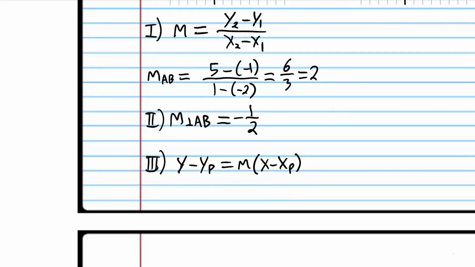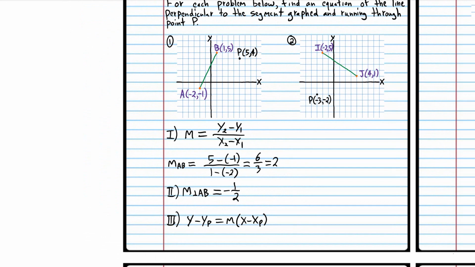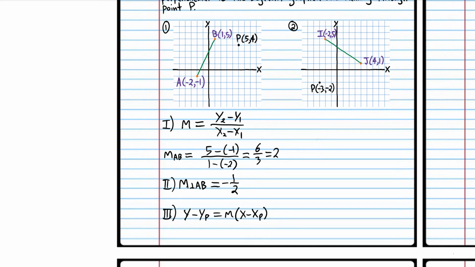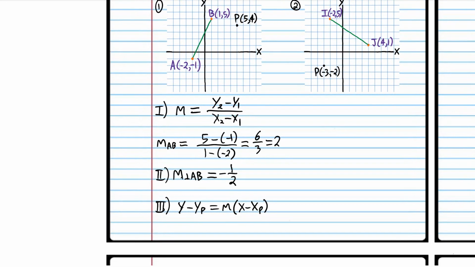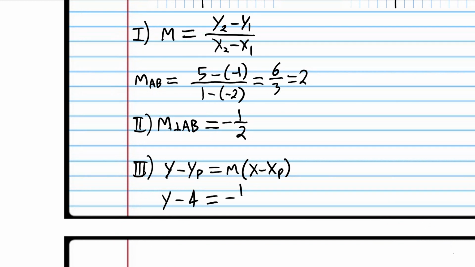Slope-intercept form is not really going to be useful to us in most of this class. Actually, it would be useful, but for instructional purposes, I'm just going to use point-slope form. So now we're going to plug in the point, which is 5, 4, and then our slope, which we found.